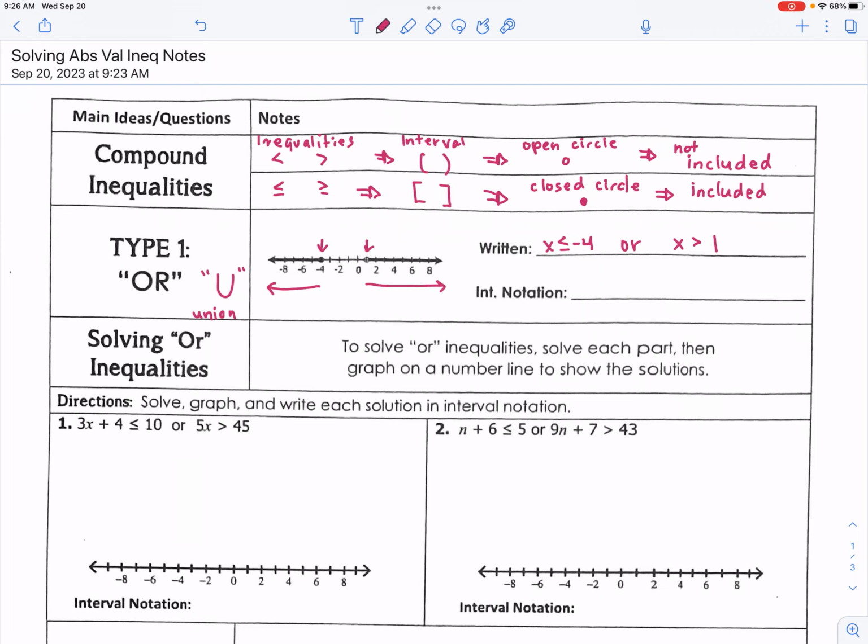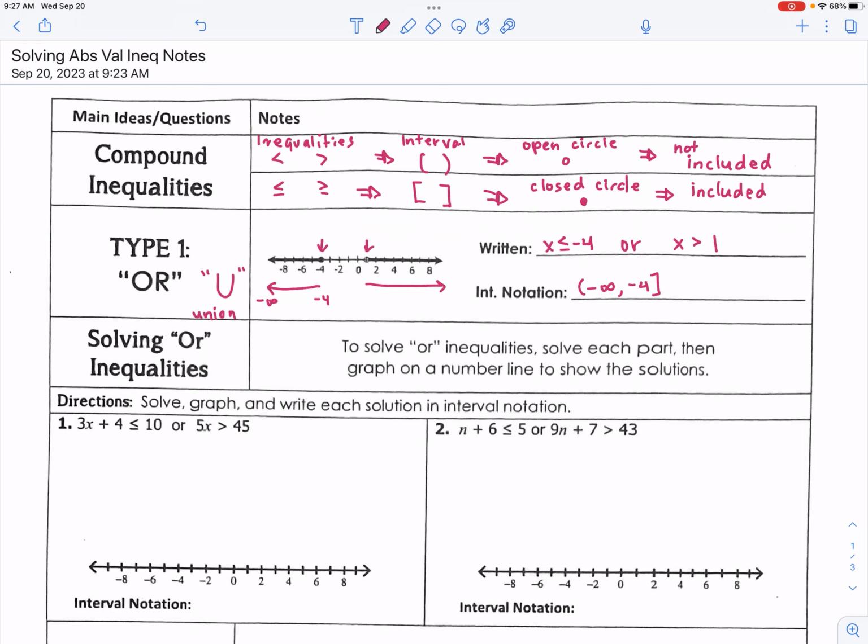Now what I want you to get used to seeing more and more is our answer in interval notation, and that's going to look like this. So we go from left to right. We know we're going from -infinity to -4. Remember that we don't ever include the -infinity, so there's our parenthesis, and we do include the -4. We can see it with this inequality right here.